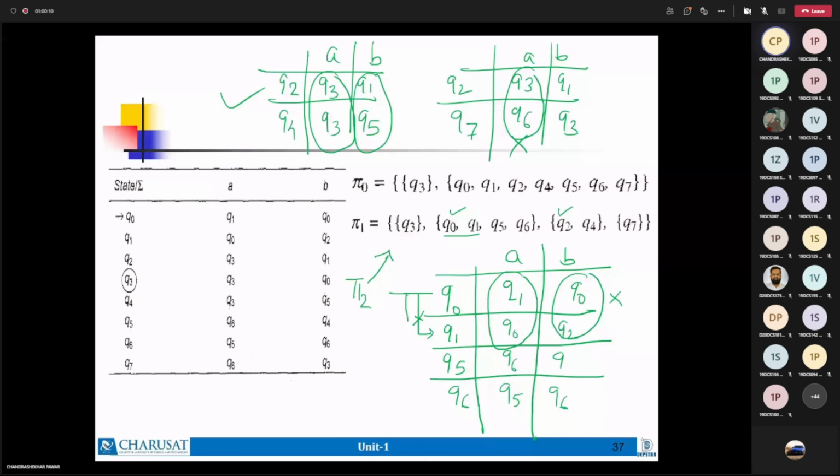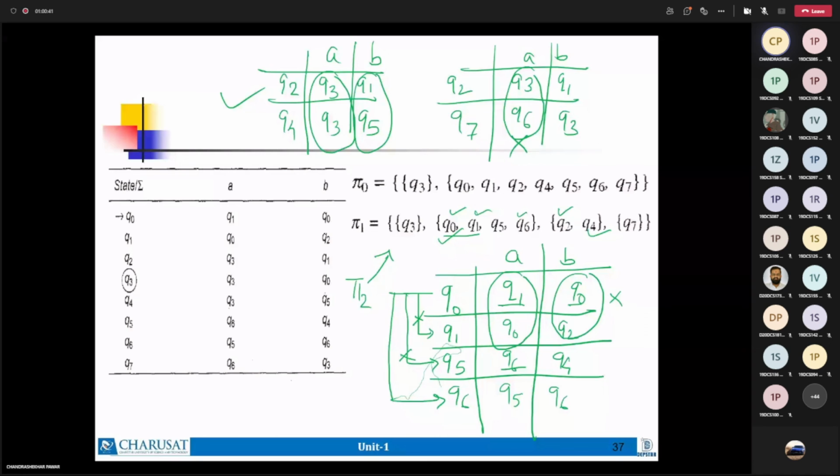Now Q0 is equivalent with Q5. So 1 and 6 within one set. 0 and here, Q5, Q4 is here. 0 and 4: 0 is here, 4 is here, so they are not equivalent. Then Q0 and 6 we have to check.